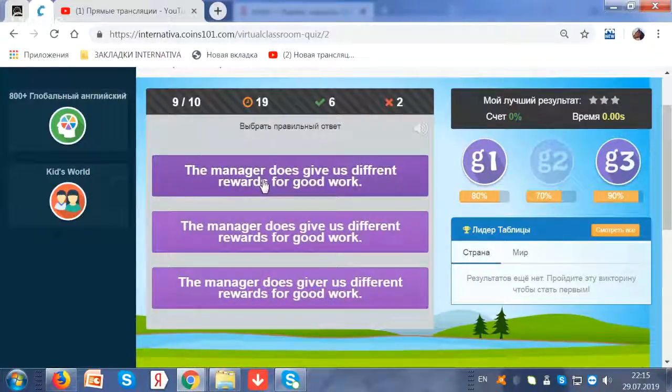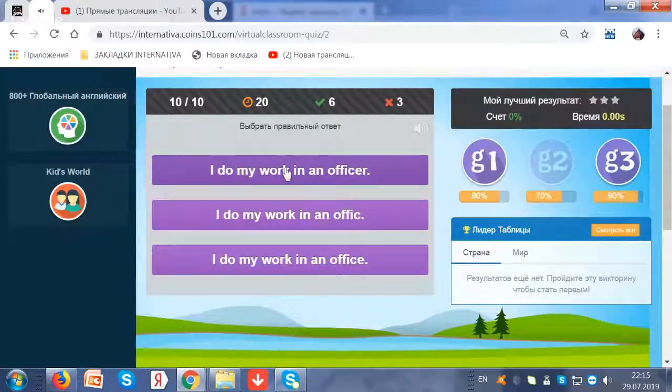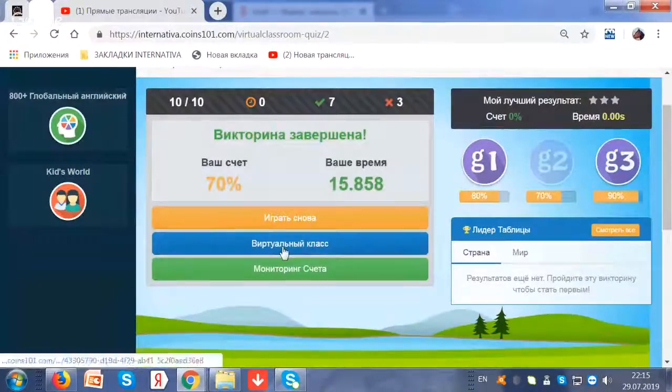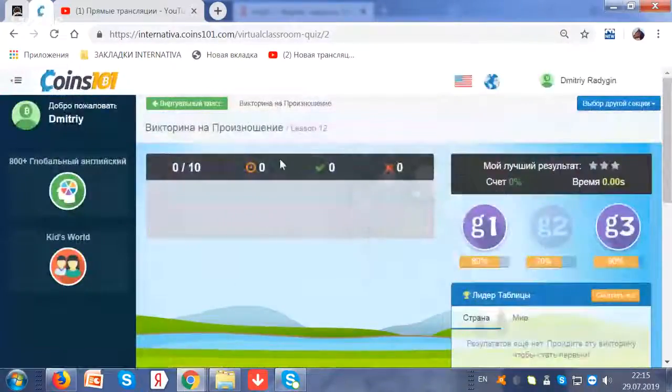The manager does give us different rewards for good work. I do my work in an office. Let's go once more. I will never manage it.